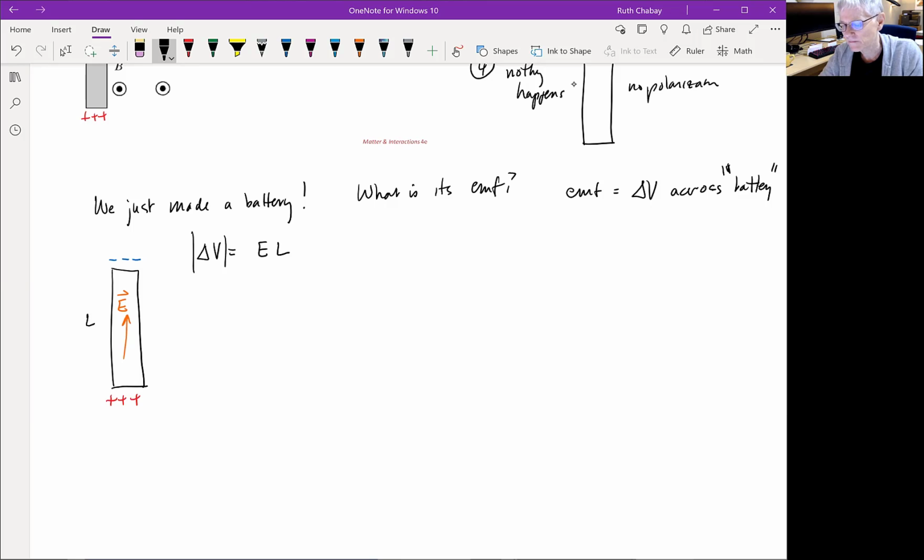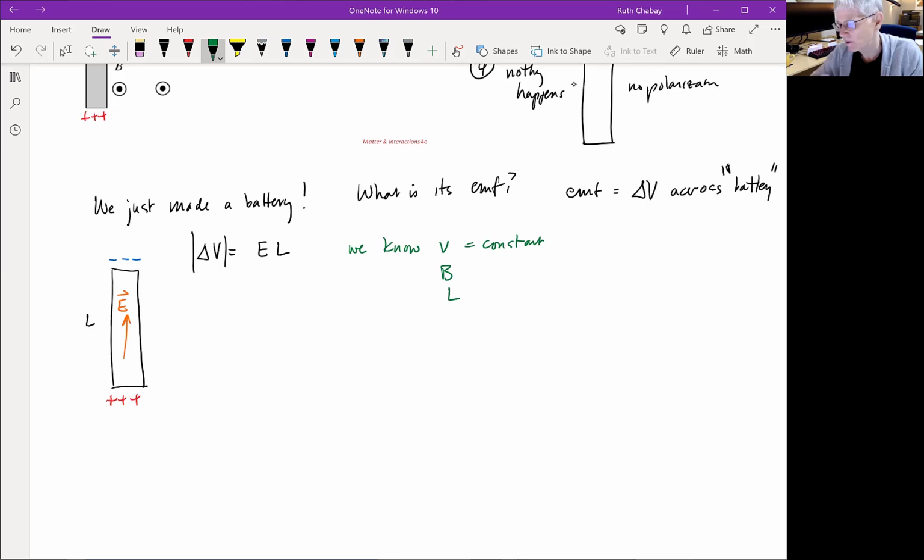So let's think about what we know. We know the speed at which we're dragging the bar. It's a constant. We know the magnitude of the magnetic field.